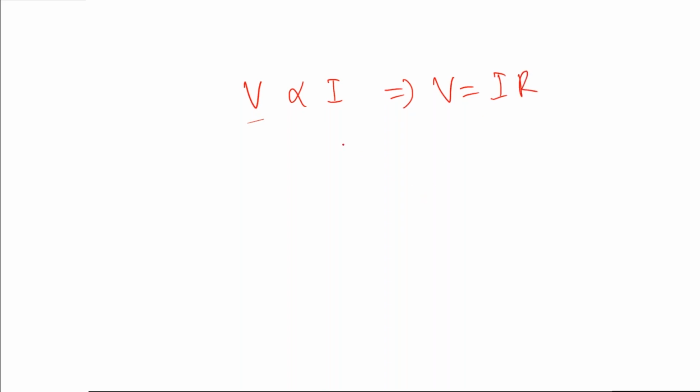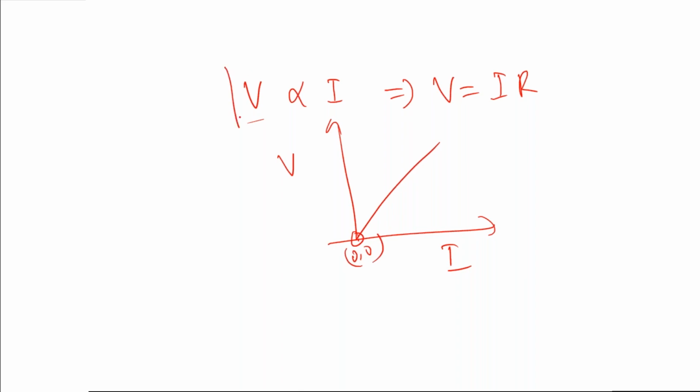If you plot V and I, you get a straight line which goes to the origin. This is Ohm's law, where we say V is proportional to I. That means for a particular voltage or potential, you get a particular current. This is Ohm's law.